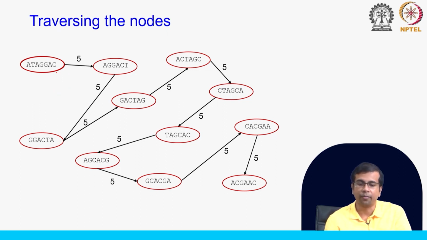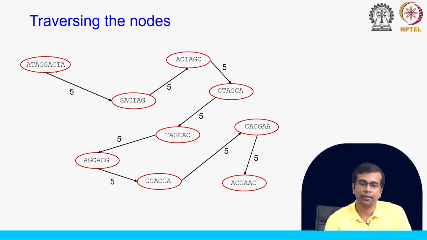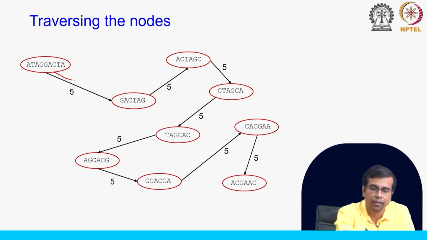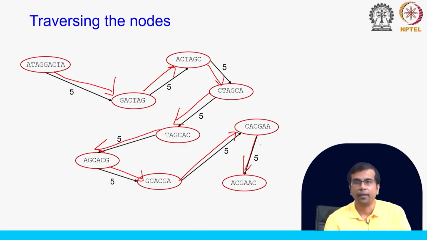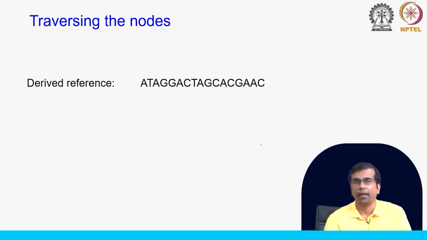We will traverse and we will merge, and this is the process. There is only one path. We do not need to find another path. We simply need to traverse through these nodes and derive the reference sequence. As you go along these edges, also keep in mind the overlap length.